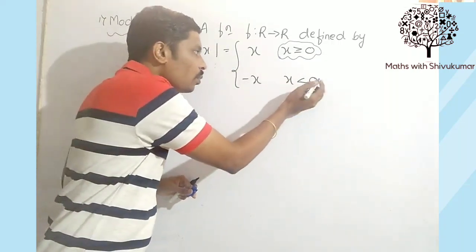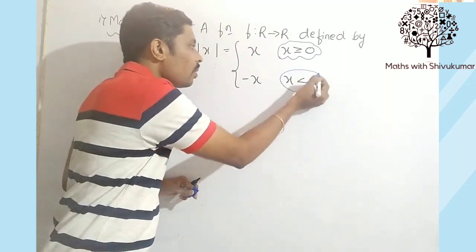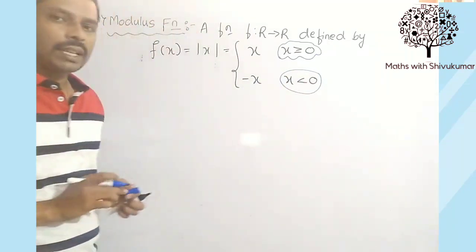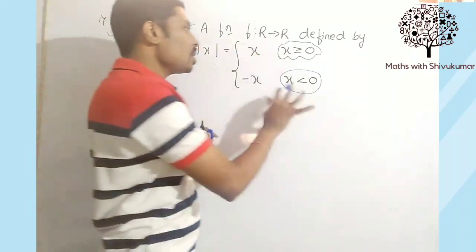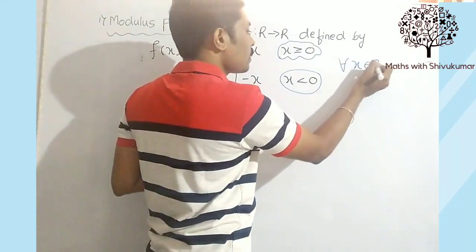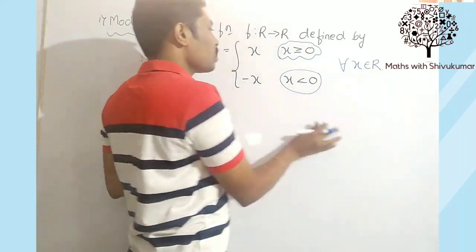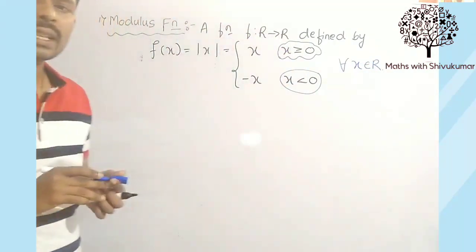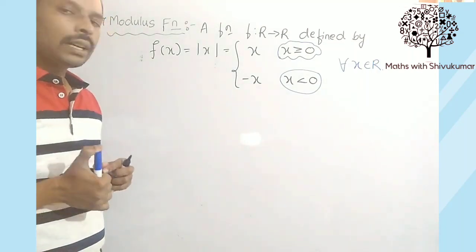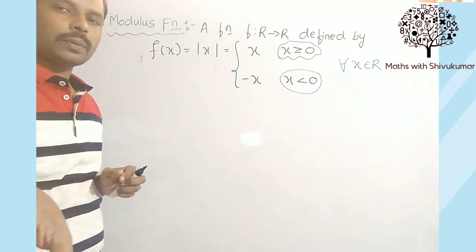If our input value is less than 0, then the output is f of x is equal to minus x. This condition must be satisfied for all x belonging to R. This is the definition of the mod function.